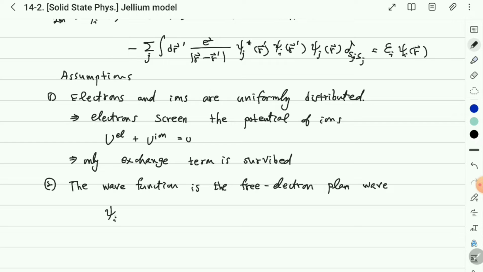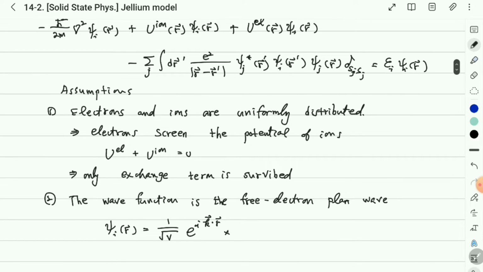It means psi_i can be written as 1 over square root of V times exponential i k dot r, a plane wave function. Also, because the Hartree-Fock equation considers the Pauli exclusion principle, we should consider the spin function.